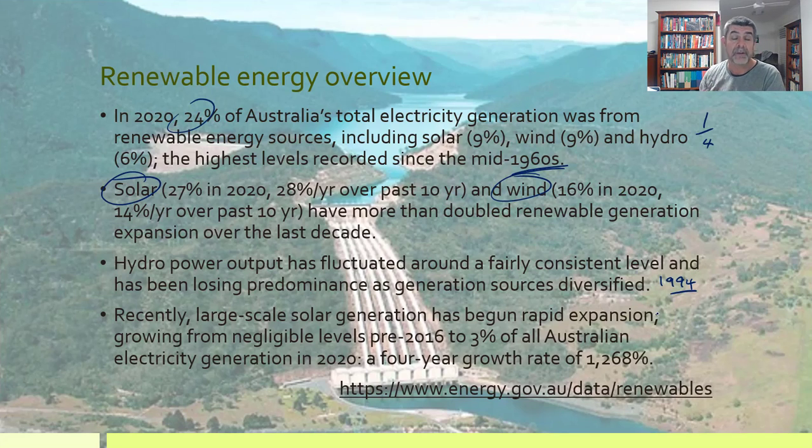And almost all of our renewable energy source was hydropower. So that was the predominant, almost the only source of renewable energy generation back in 1994. And since then, it's kind of held and started to dip a little bit, and its overall level is starting to pale, certainly as a percentage of the total amount that we're producing from renewable energy sources.